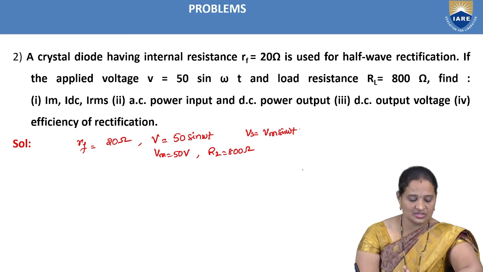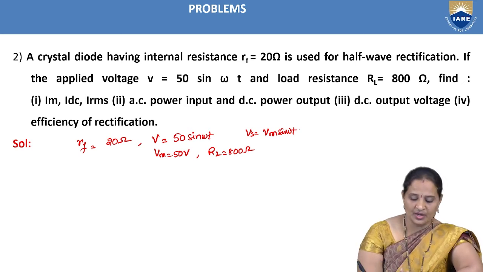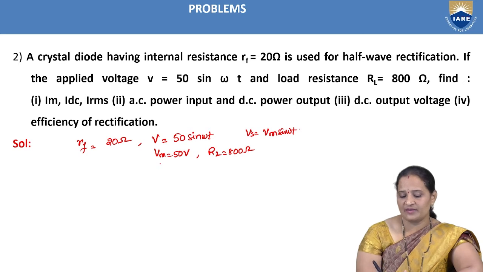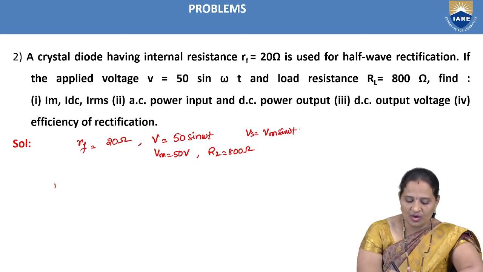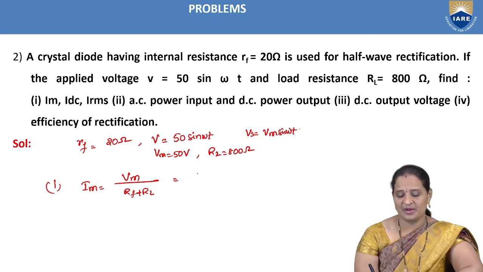Now he asked us to find Im and also IDC, IRMS and so on. As Vm is directly given, that is 50 volts, we already know the formula for Im, the maximum value of current flowing: Im equals Vm divided by Rf plus RL.